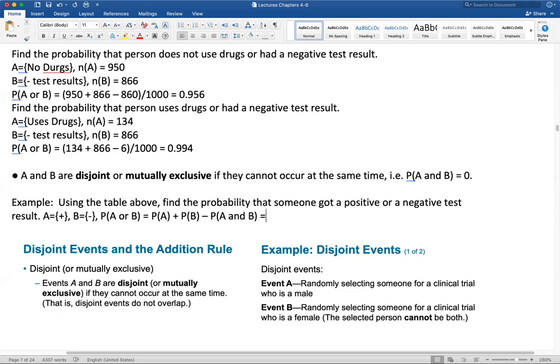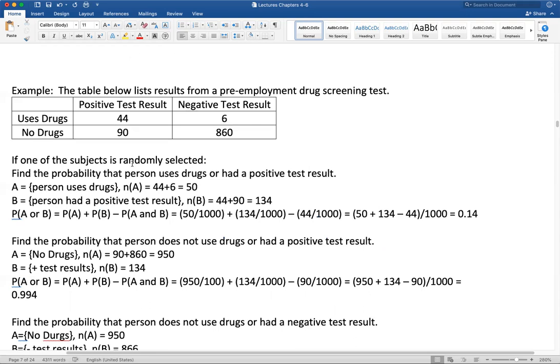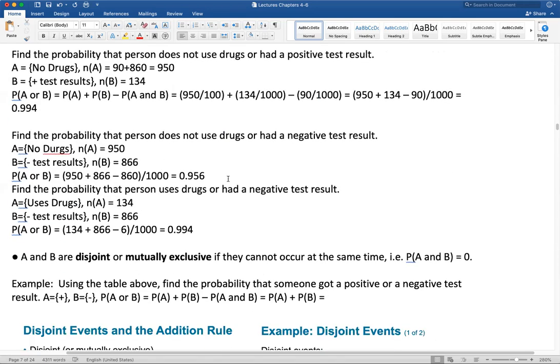So this is equal to P of A plus P of B. P of A is 134 over 1000, and P of B is 866 over 1000. So this is 134 divided by 1000 plus 866 divided by 1000, which is 1.